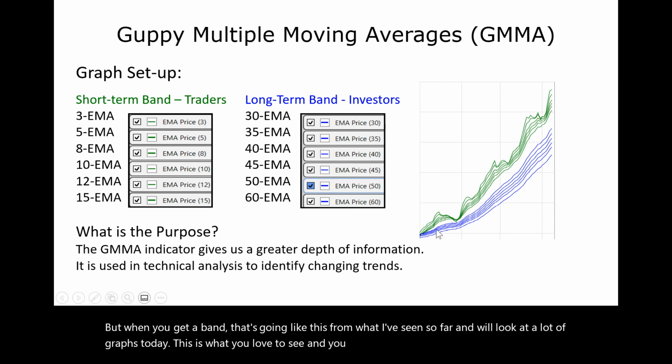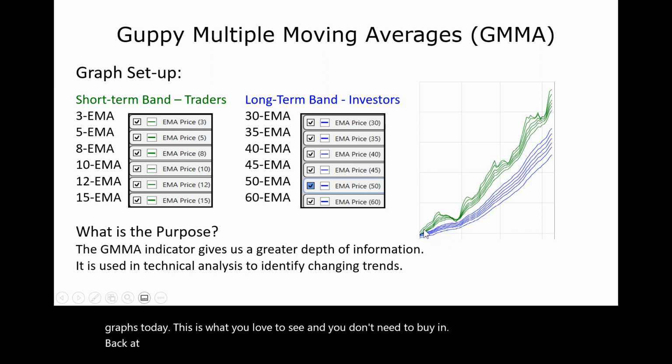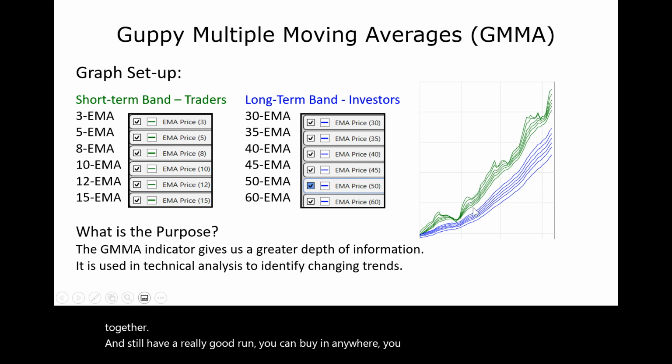And you don't need to buy in back at the crossover, although wonderful if you can, but you can buy in when they come closer together and still have a really good run. You can buy in anywhere you have the bands moving up parallel with a nice gap between them. So it's used in technical analysis to identify trend changes.